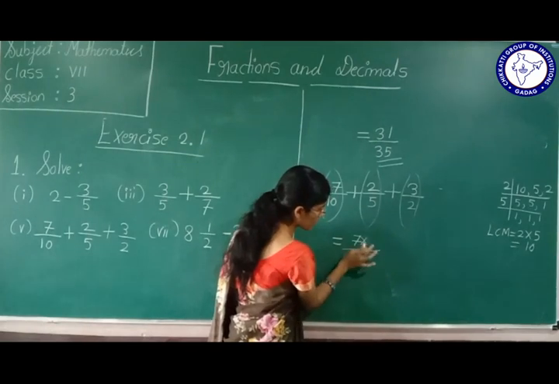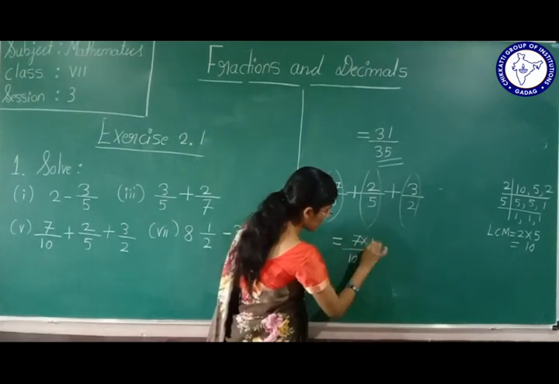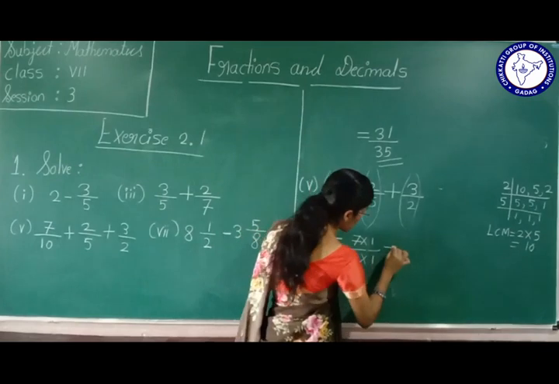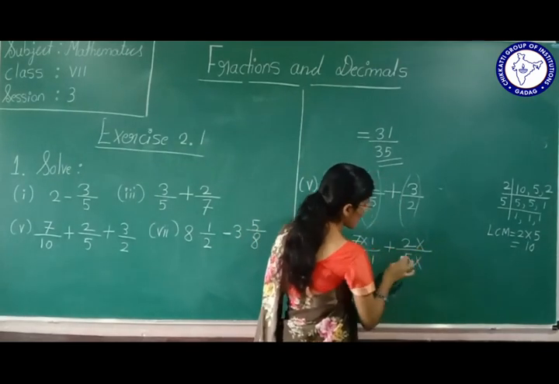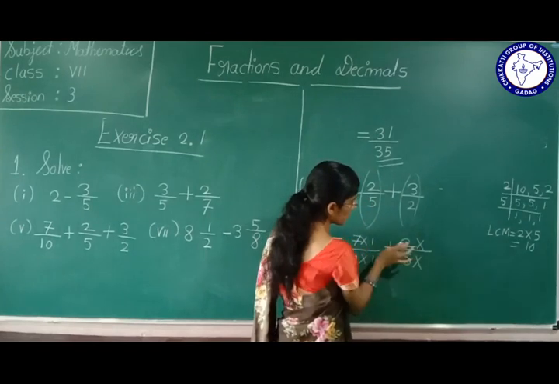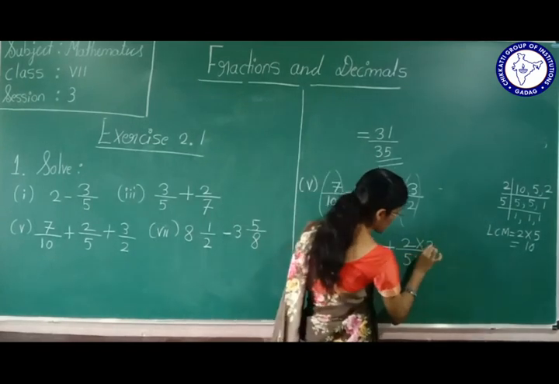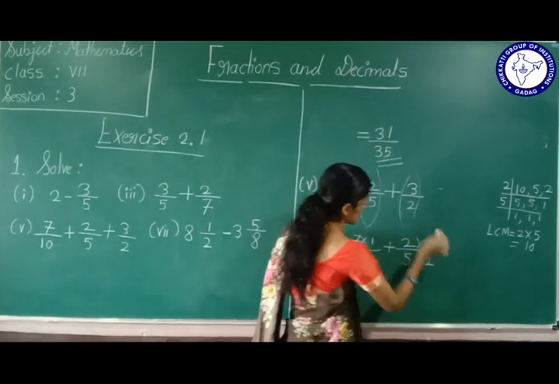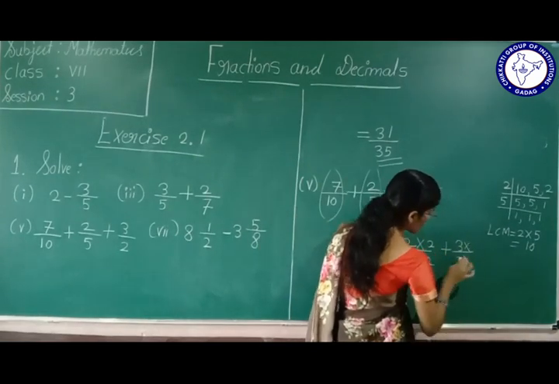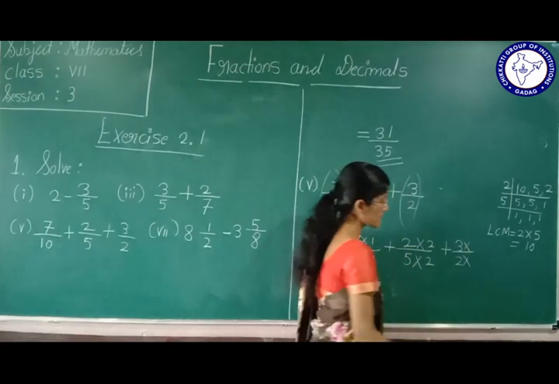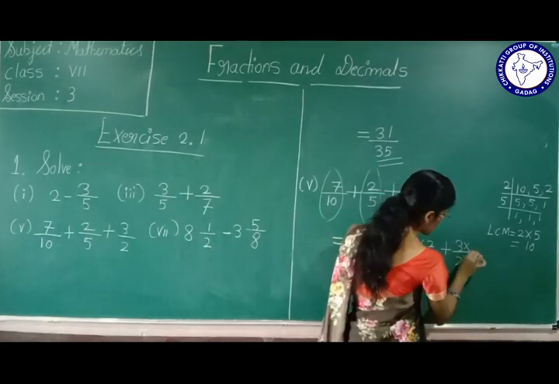Therefore, multiply both numerator and denominator by 1. Plus 2 by 5. 5, how much is our 10? 2. Multiply both numerator and denominator by 2. Plus 3 by 2. 2, how much is our 10? 2 5s are 10. Multiply both numerator and denominator by 5.